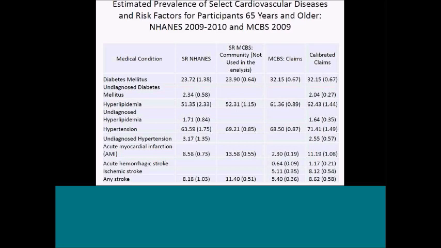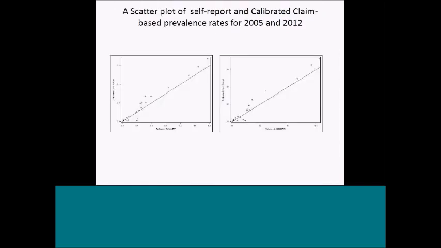But in the MCBS claims, only 2.3%, but our calibrated claim raises it to 11.19%. So you can see that all these are moving in the direction of correcting it. Underestimations are corrected, but the overestimations are left because that's by design. We didn't want to change the claims data.